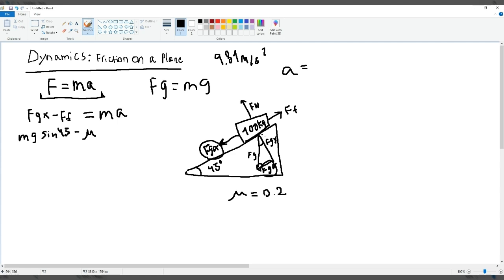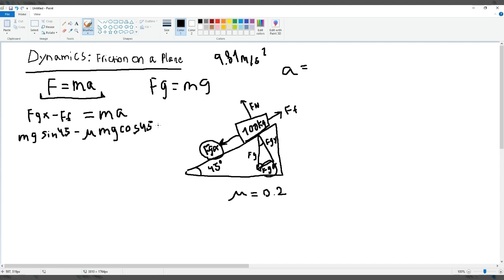Because our normal force is the Fn, and we are trying to find the angle, and this is the side that's adjacent to the angle, so it will be cosine, right? So mg cosine of 45.